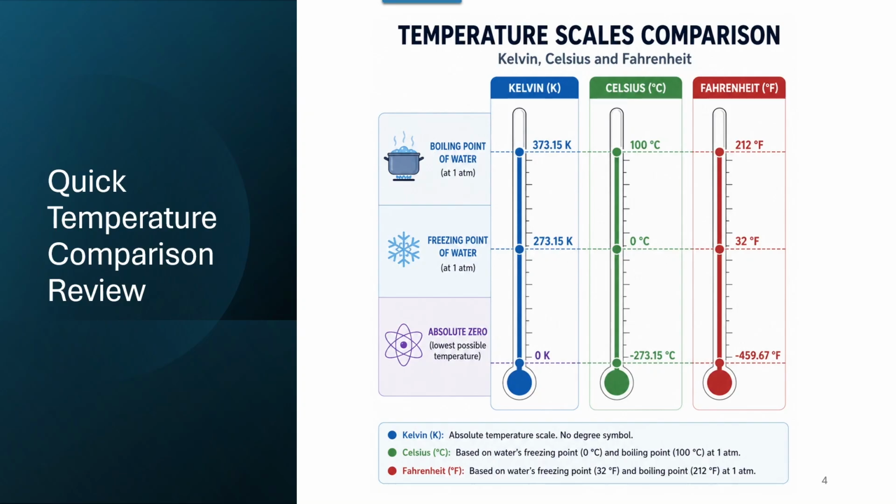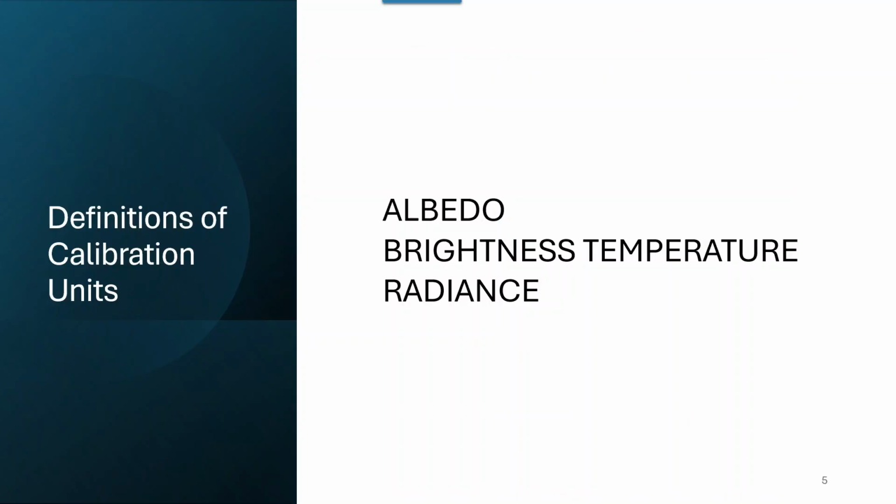So here you see Kelvin, Celsius, and Fahrenheit, and you should just quickly review and refresh yourself here. The three calibration units we're going to speak about today are albedo, brightness temperature, and radiance.